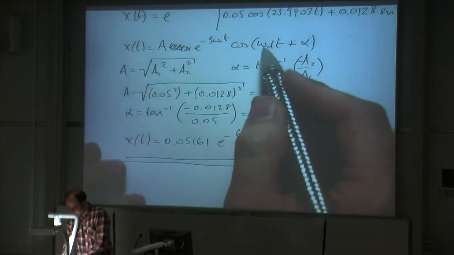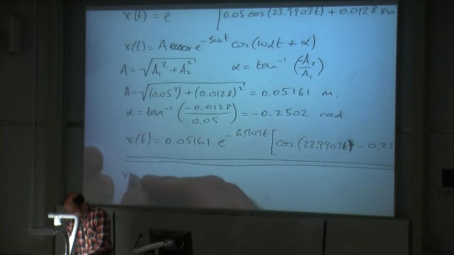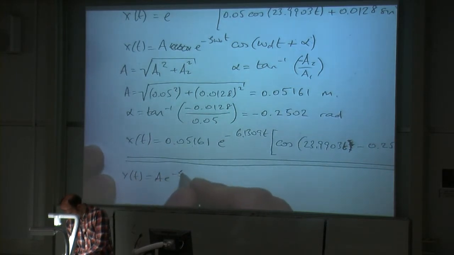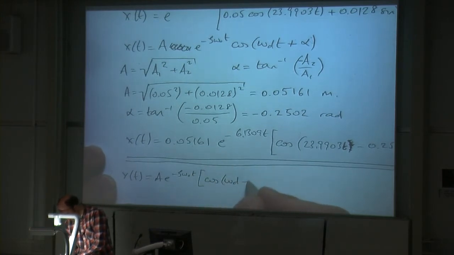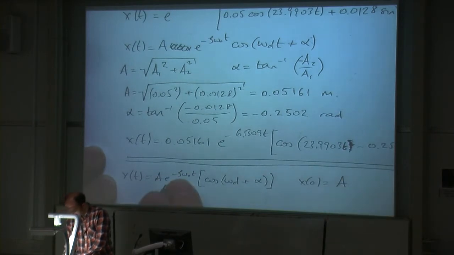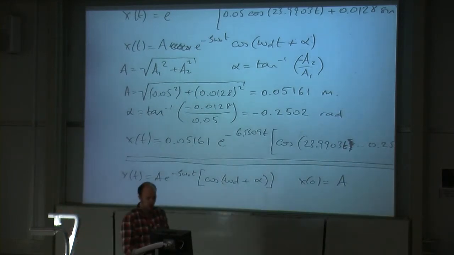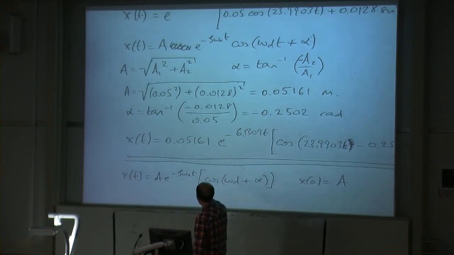So we have this equation, A e to the minus zeta omega naught t cosine omega d t plus alpha. And so x of 0 is going to be A e to the power of, obviously there's a t with the exponential, okay?